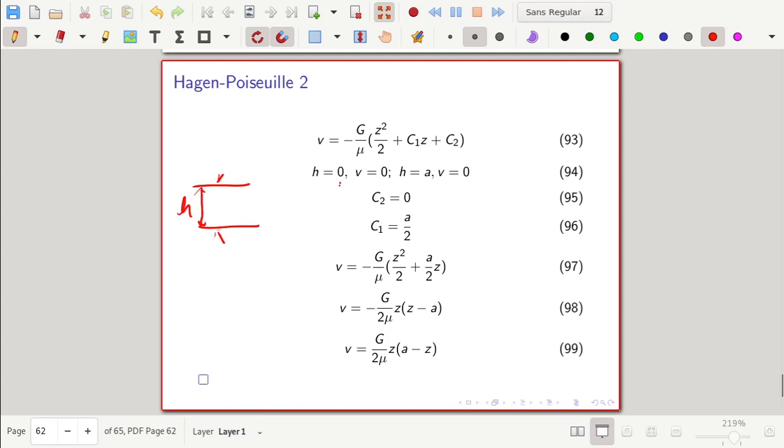If we apply here 0 and 0, we'll have z equals 0 here. So this means that c2, the second constant, is also equal to 0. Now applying the second condition, v equals 0, z equals a, we're left with c1 equals a over 2.